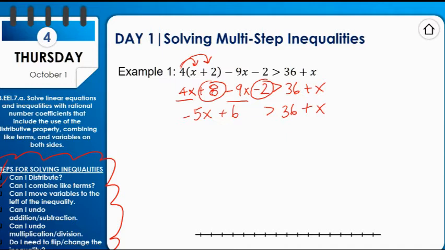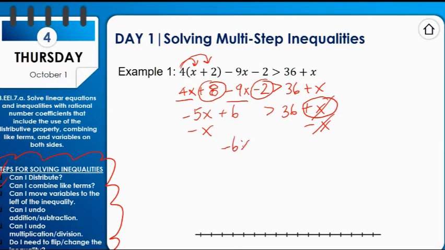So now, can I move variables to the left of the inequality? I have a positive x on the right of the inequality. In order to move it to the left, I want to subtract x from both sides. Positive x cancel.